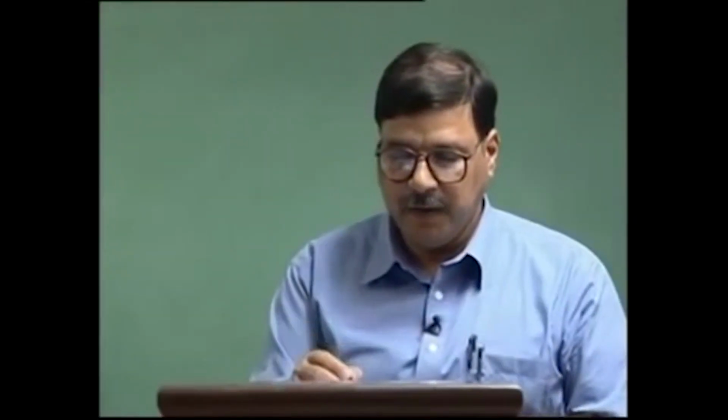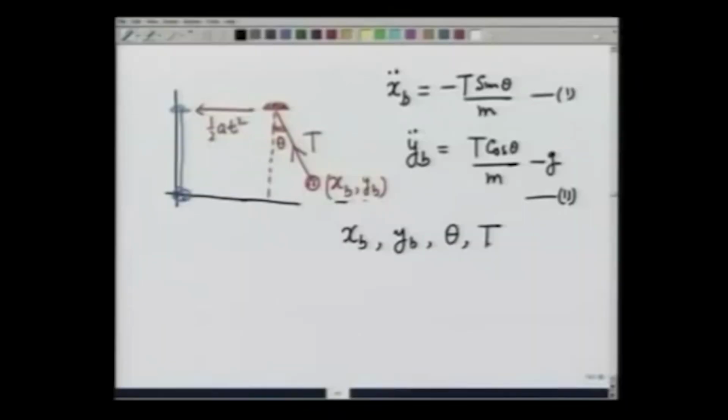Those equations are provided by the relationship between xb, yb and the coordinate of the support. The support has moved by a distance 1/2 a t square, and that is equal to xb minus, if the length of the pendulum is L, it's going to be minus L sine of theta.